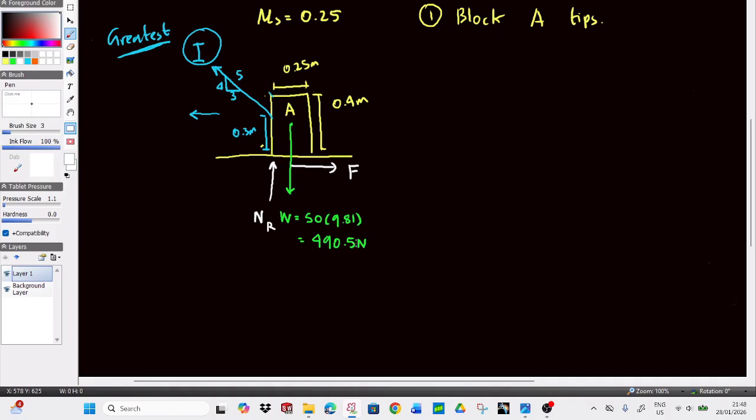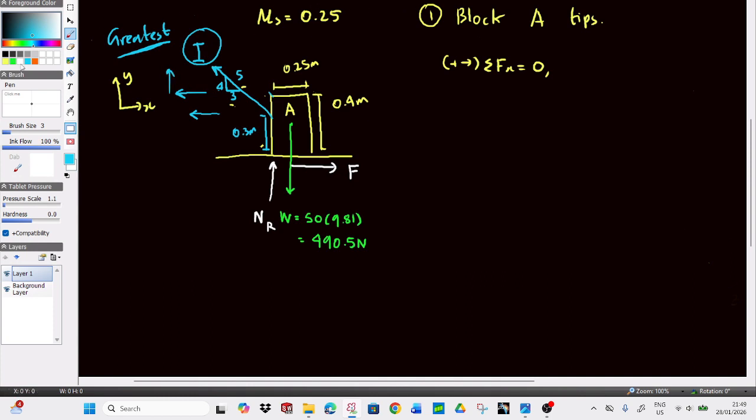All right. So now how are we going to find this value of T? Well, not to worry. If we set our x and y axes, x positive is going this way, y positive is going that way. So if we take the summation of Fx equals 0, because we have a Pythagorean triangle 3, 4, 5, we know that 3 over 5 times T will give us the horizontal component of T. And 4 over 5 for the y part would give us the vertical component.